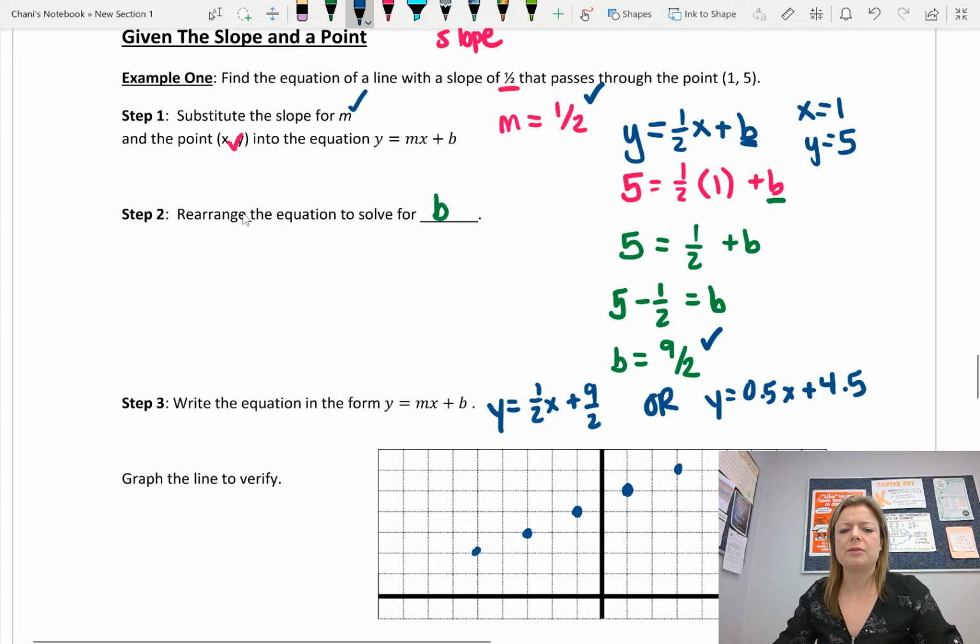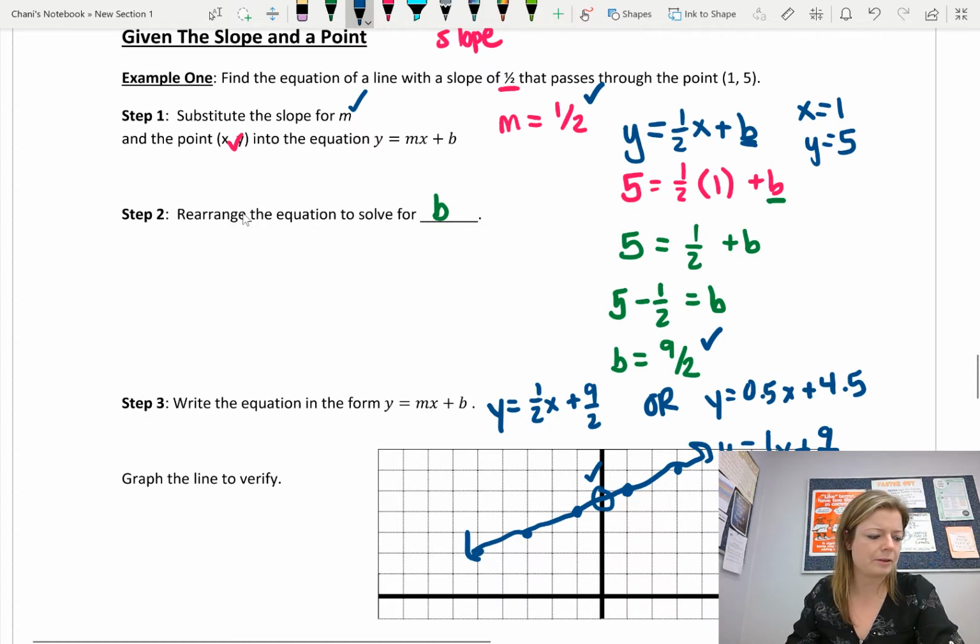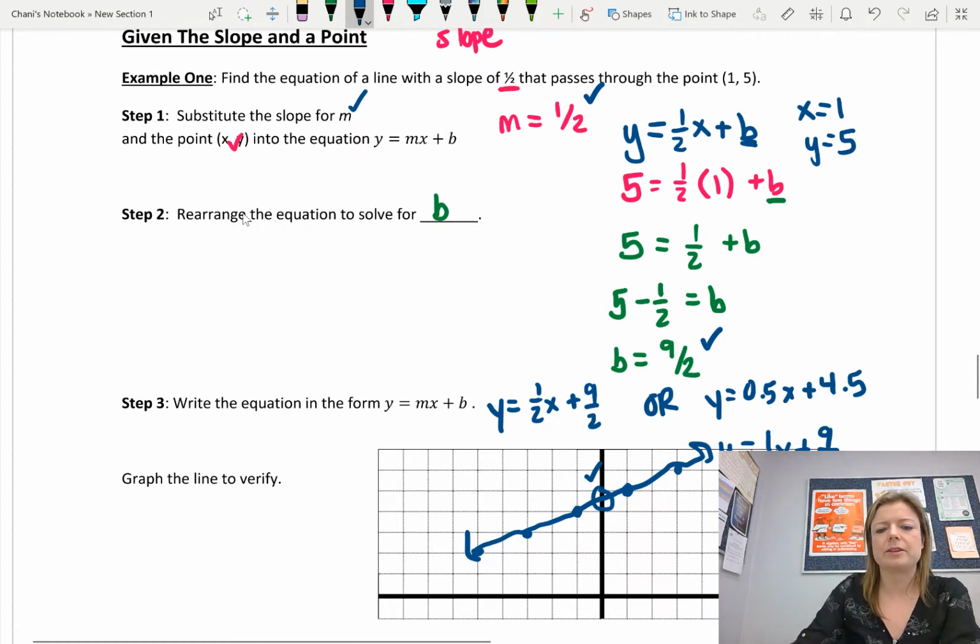So when you take a ruler and, so sorry guys, it's so tough with the trackpad. If you do this with the ruler properly, you will see that the y-intercept is 4.5. That makes sense. So this is the equation, y equals a half x plus 9 over 2. And so this meets the criteria of the original question.